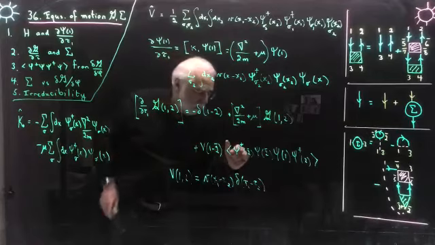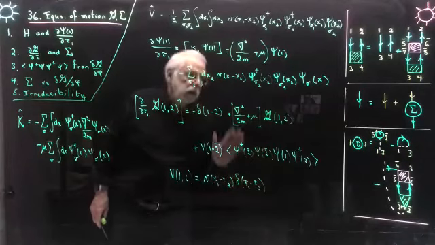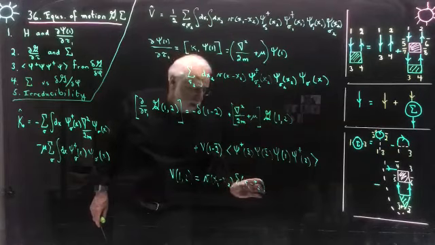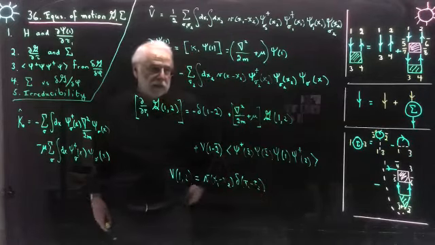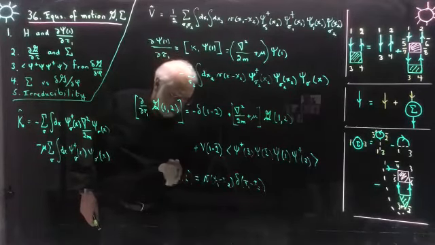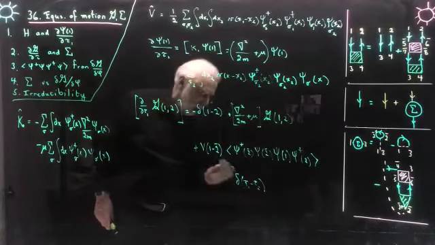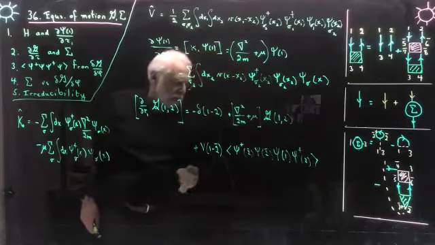So when I integrate over the 2 here, I integrate also over imaginary time. But there's no time dependence in this v, so I need to put tau 1 equals tau 2. So that's a nice shorthand notation.